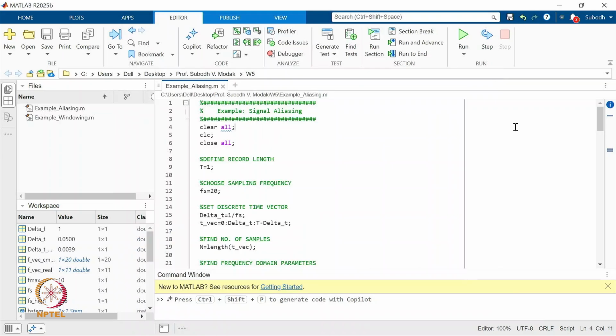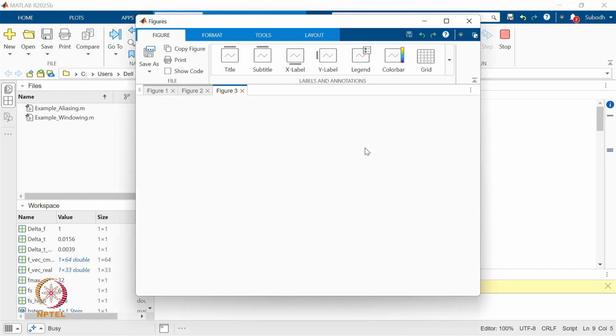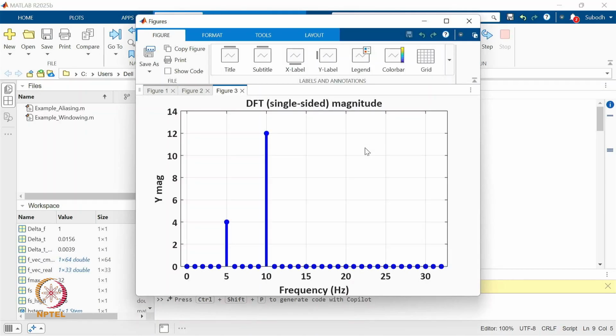Let us make a third run just to show what happens if I take an even higher frequency. Instead of 20 I am taking 64, which is quite more than the necessary sampling frequency. So, let me run this. What we see again is components at 5 hertz and 10 hertz, and no other components.